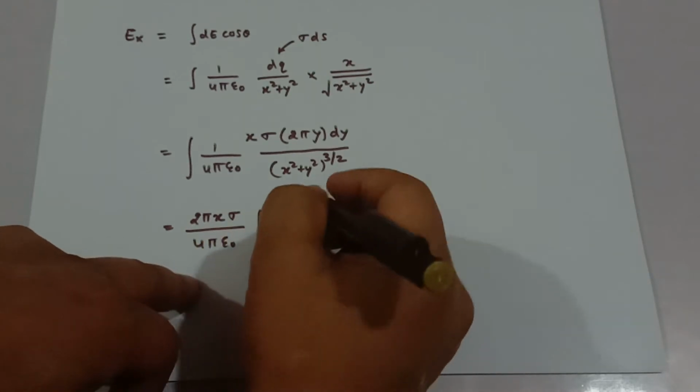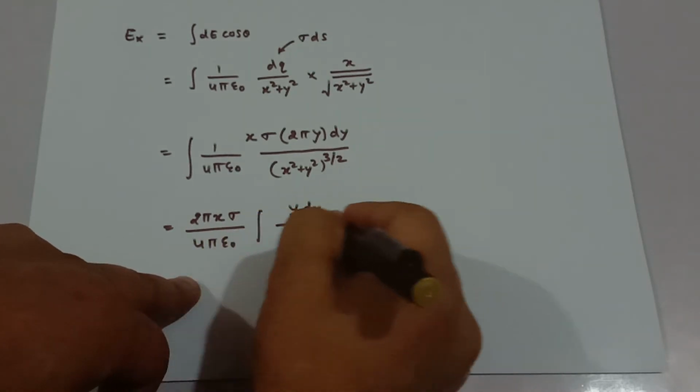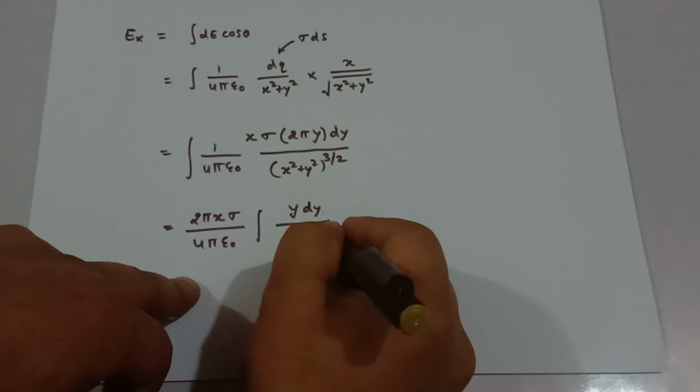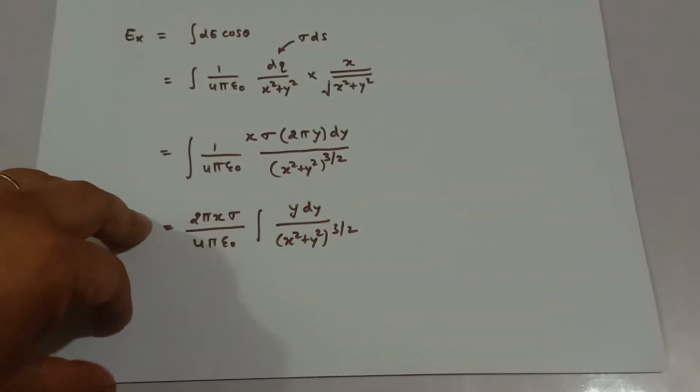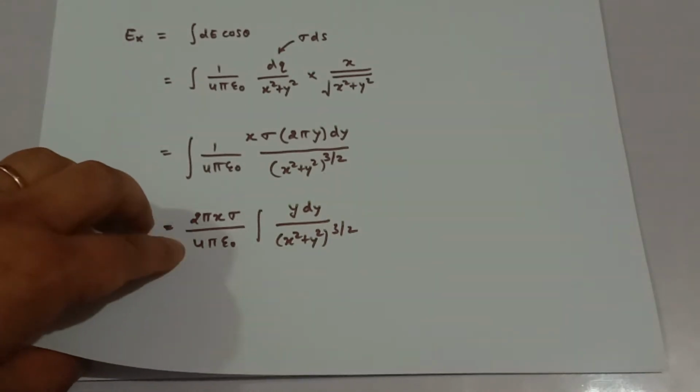So the integration is for y into dy divided by x square plus y square to the power 3 by 2. That can be resolved very simply. That is very simple, so you can do it very easily.